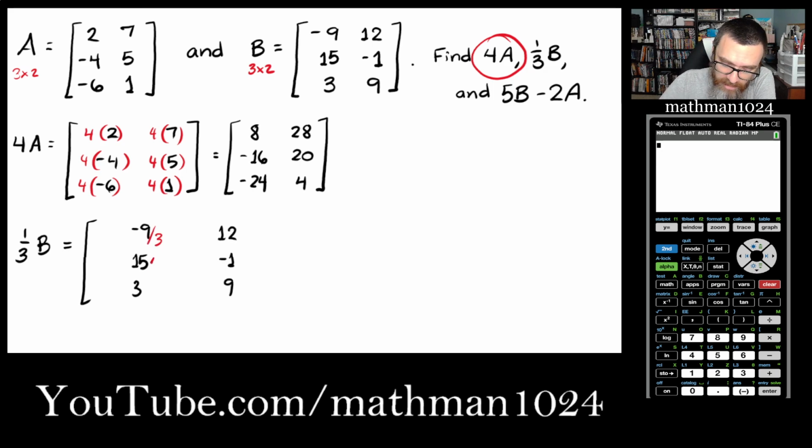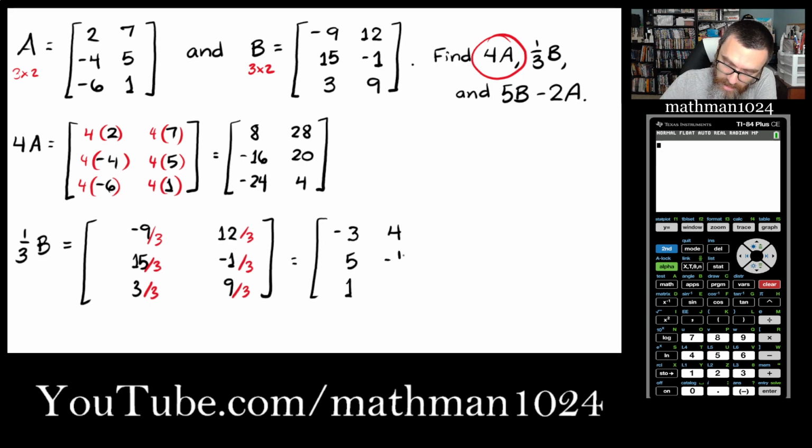So divide by 3 for all of these. So what is my new matrix now? Well, that's -3, +5, +1, +4, negative 1/3, and +3.